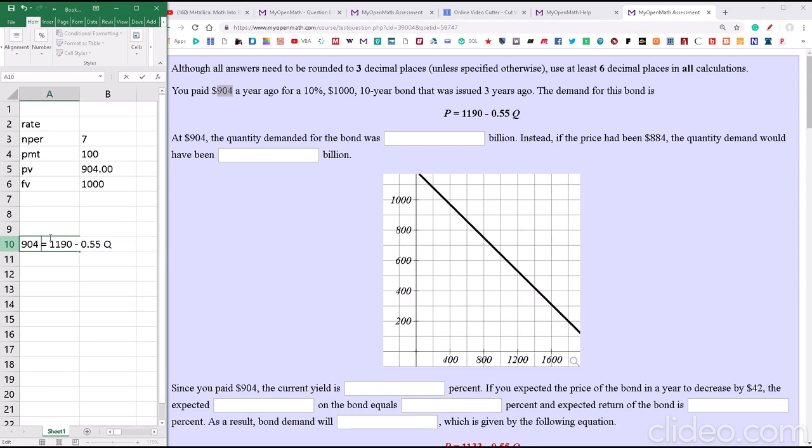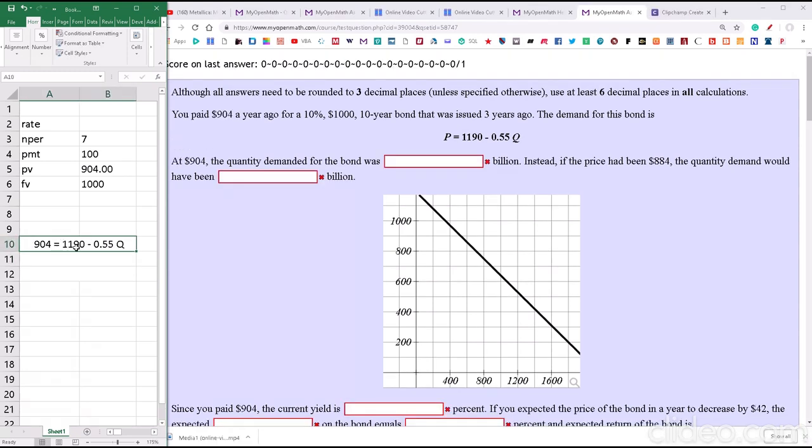Okay, so we have this equation here. We've replaced P, the price, with the price we paid for it. Then we'll copy it down, paste it here, and then we're going to subtract 904 from both sides, and then add 0.55Q to both sides.